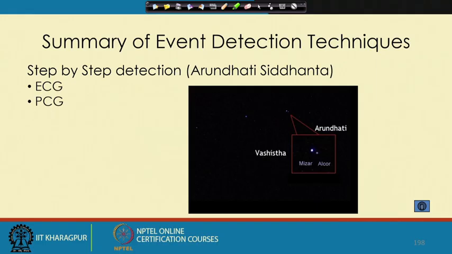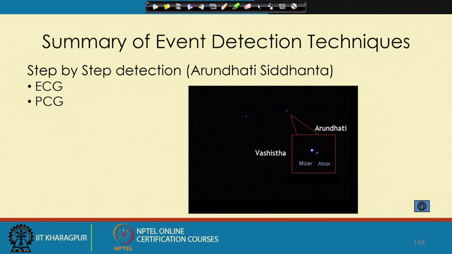Now, the way to get it is, first you need to find the most prominent star in the north sky, that is Vashishta, and once you look into its vicinity, you can get a very small twinkling star, and thereby with reference to Vashishta you can find the star Arundhati.